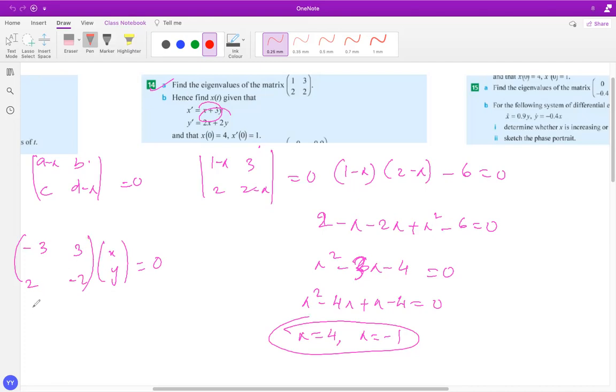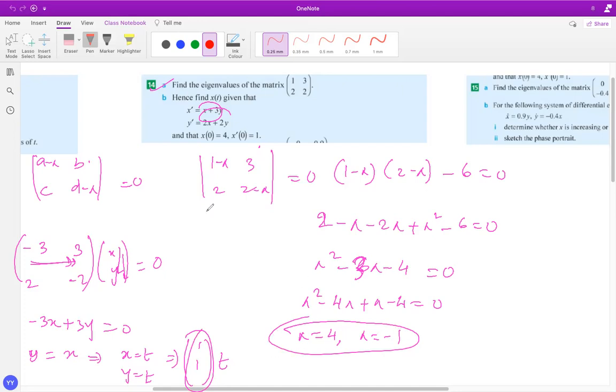So I get negative 3x plus 3y equals 0, so y is basically x. If I take x as t, y is also t. In parametric form, it is 1 and 1 times t. So the eigenvector I can take is 1 and 1, 2 and 2, 3 and 3, anything you want.